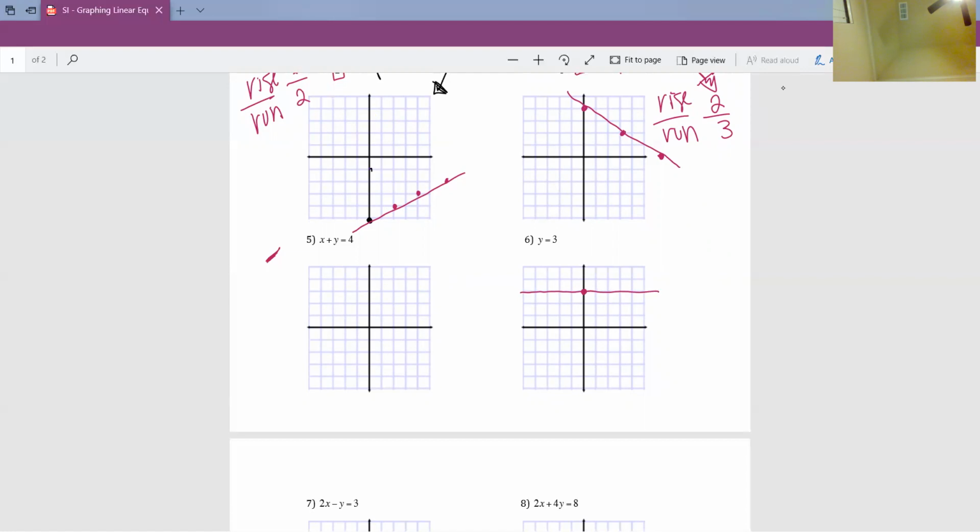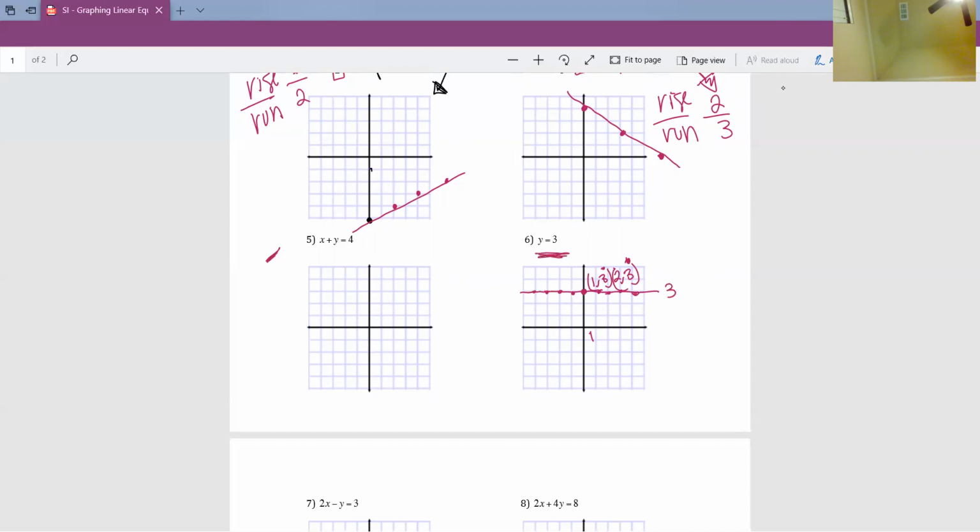And it's a horizontal line because no matter if my point is here, here, here, or here, my y is always going to be 3. Always. So this one's over 1, up 3, over 2, up 3. So my point would end up being 1, 3, 2, 3. So my y value is always 3. That's just what this means.